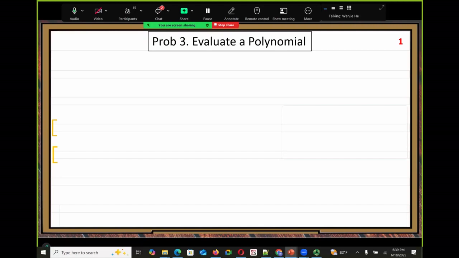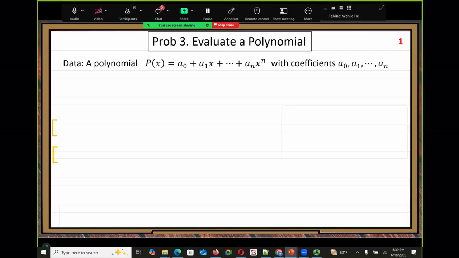Everyone is familiar with polynomials. Our data is a polynomial. The standard form of a polynomial we write in this way, with coefficients a0, a1, and so on.